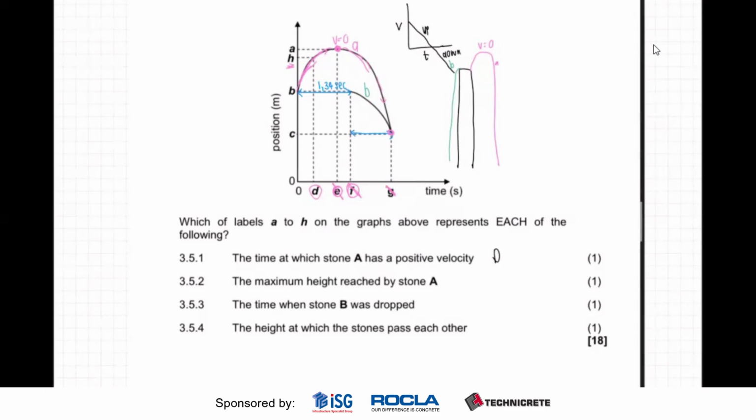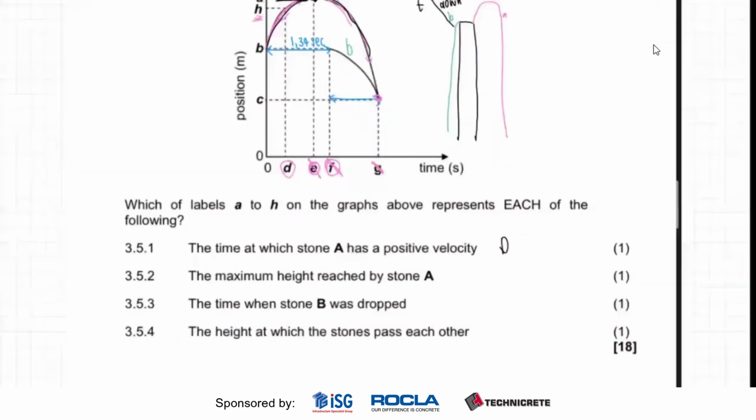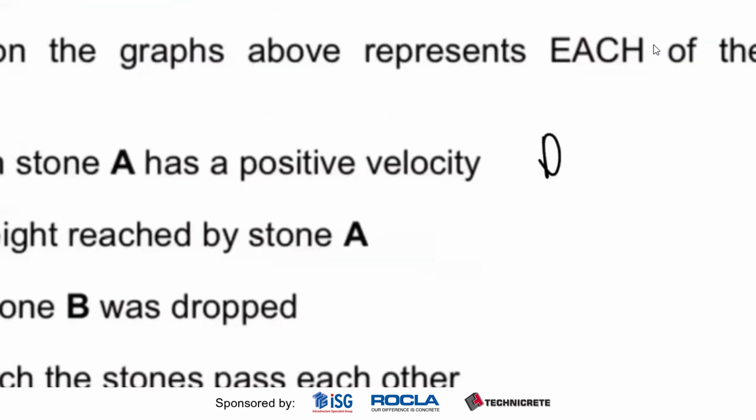We just want where is the maximum height. So we can see here the highest point that stone A goes to is at point A, is at label A. So the answer is A.